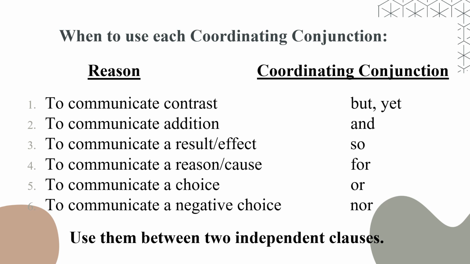Number 4, to communicate a reason or cause, we use for. Number 5, to communicate a choice, we use or. And number 6, to communicate a negative choice, we use nor. Use them between two independent clauses.